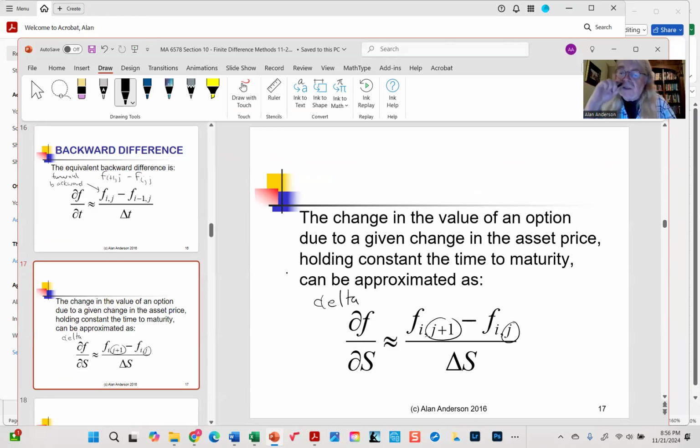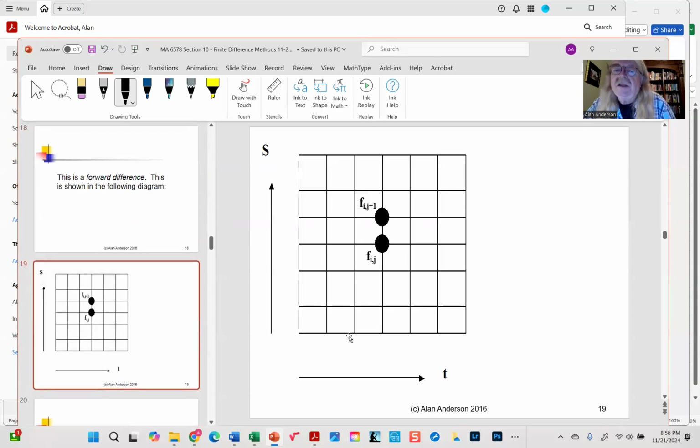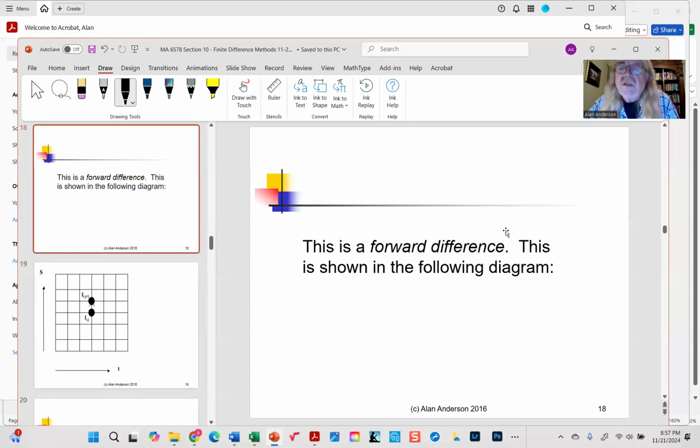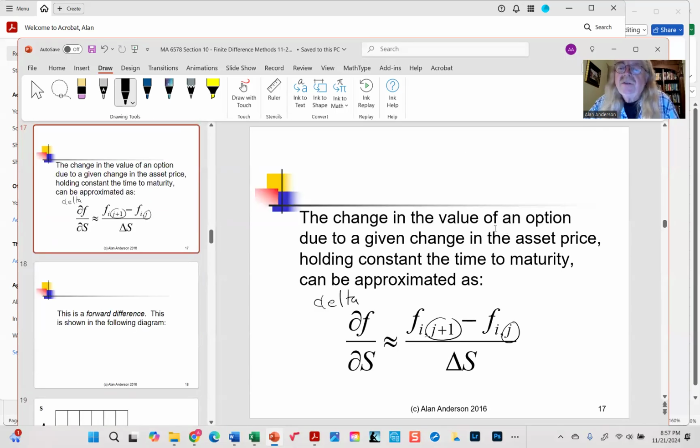Time is not changing, but the level of the stock is changing. So that would be this case where you're going up the grid. Okay, so in other words, now i is held constant because that's the same time step, but j is being allowed to go up. So this will let us capture how much the option price changes when the underlying stock changes.